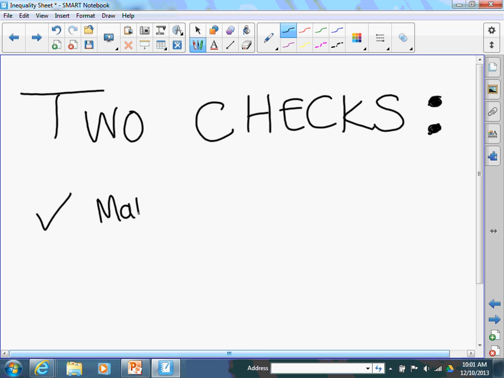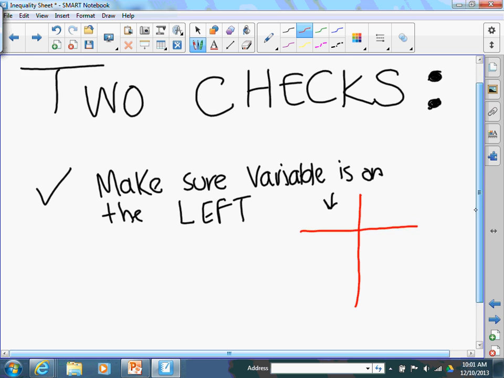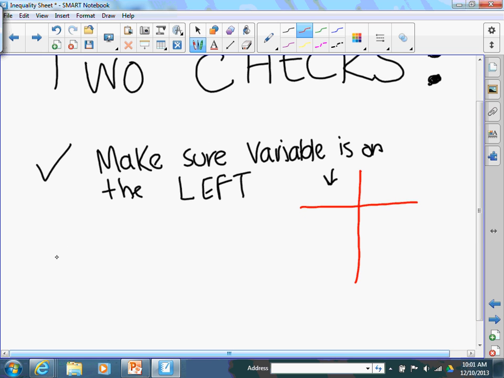Make sure the variable is on the left. So when you draw that T, like we always draw to solve an equation, your variable needs to be on the left. That's the first check.